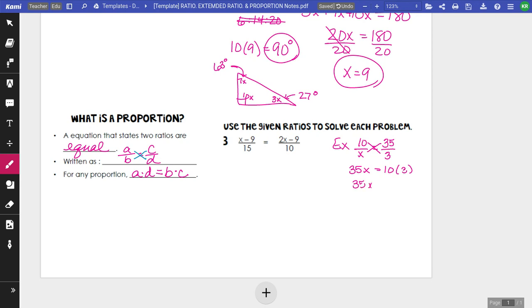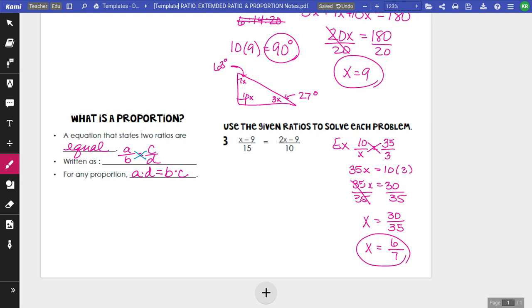So 35x equals 30. Divide by 35. That reduces, and x equals 30/35. Now 30 over 35, they are both multiples of 5, so I can reduce. If I take a 5 out, that'll be a 6 and a 7. Okay, so 6/7 is the value of x.